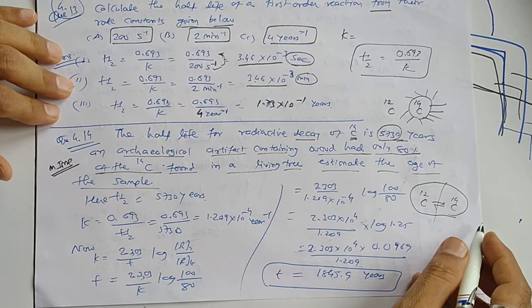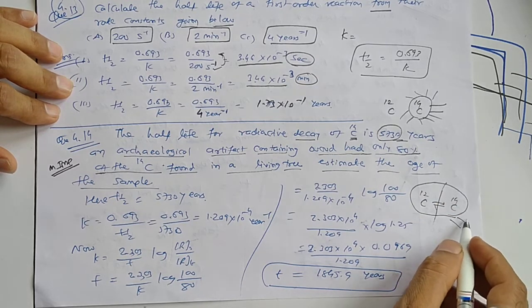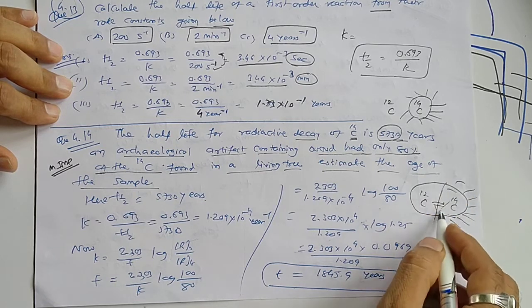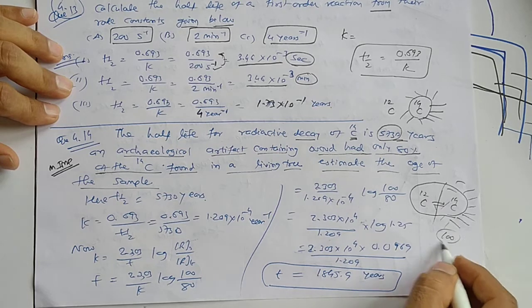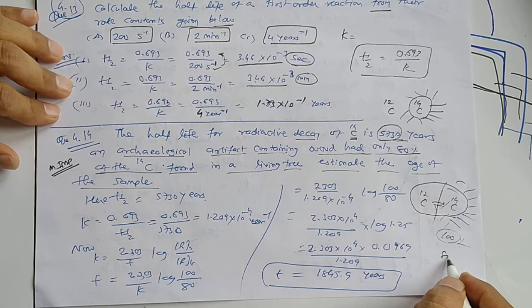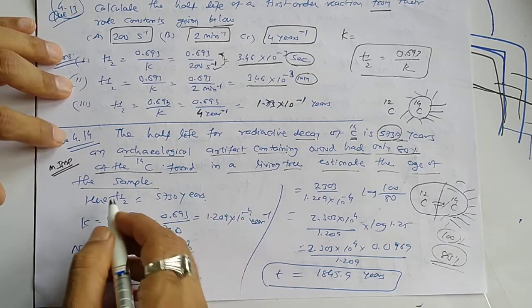When we cut down the tree, or after the death of a human, this equilibrium breaks and radioactivity starts. If the initial radioactivity is 100%, now in our sample it is 80%. So how old is the tree? Understood? So we can define.